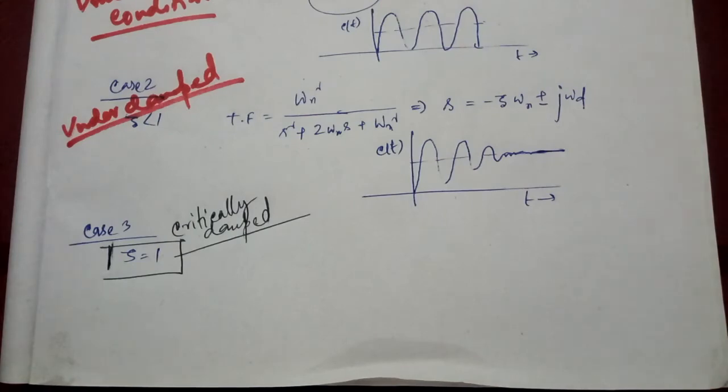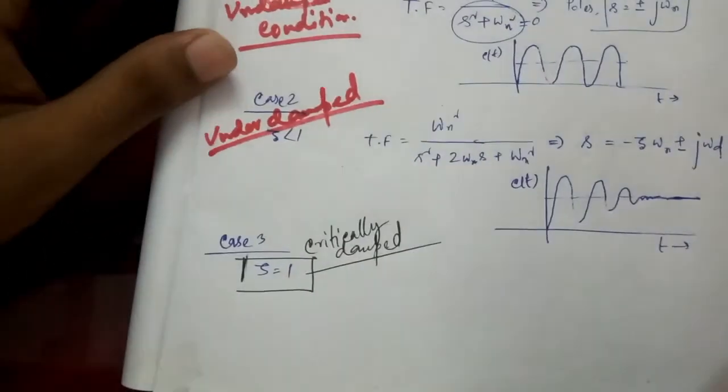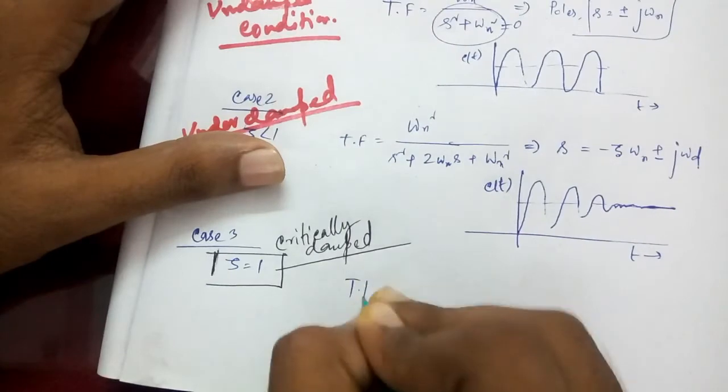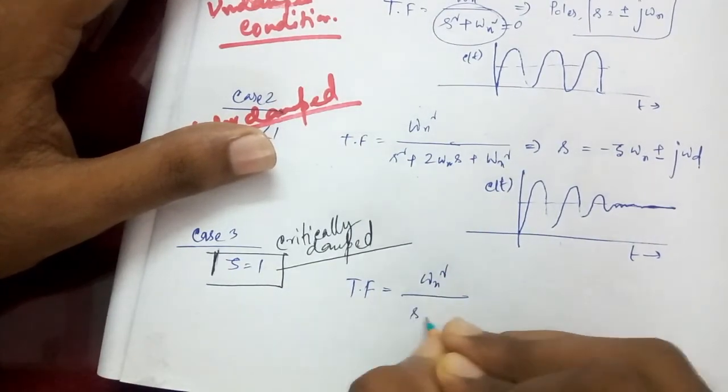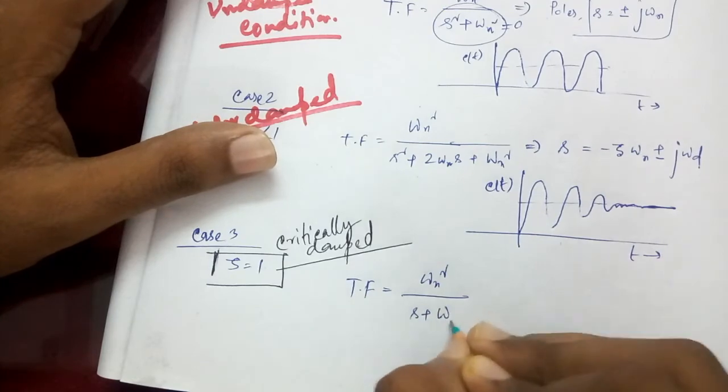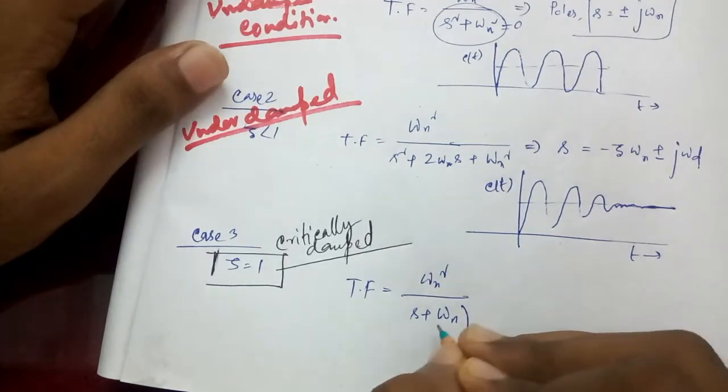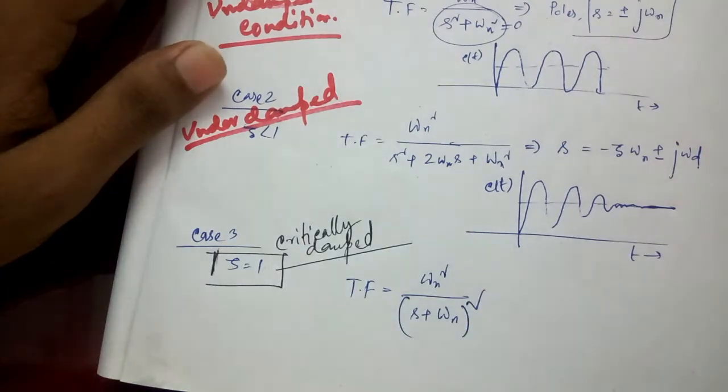In this case, the transfer function is nothing but omega n square by s plus omega n, the whole square.